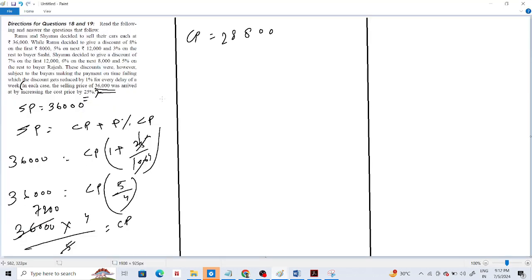If you break 36,000 into 8,000, 12,000, and 16,000, then Ramu gives 8% discount on the first 8,000, 5% on the next 12,000, and 3% on the rest 16,000.